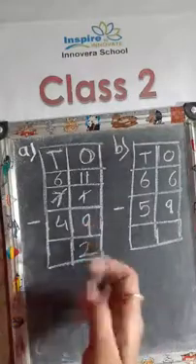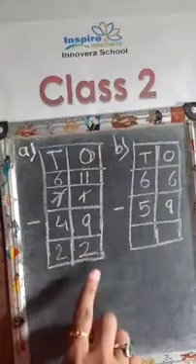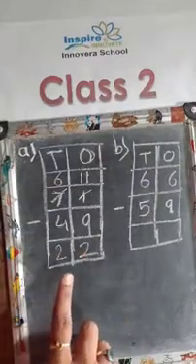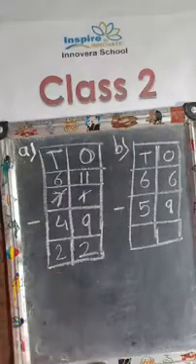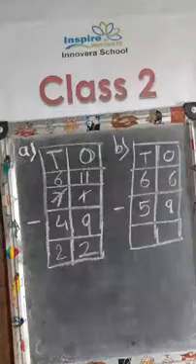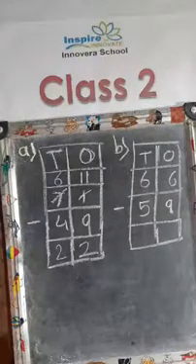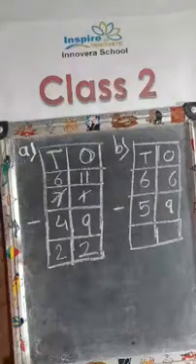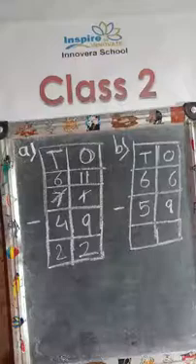So what is the answer? Again 2. So the answer we got over here is 22. At home also you can do your own subtraction. You can take your own numbers and do the subtraction for practice, okay.